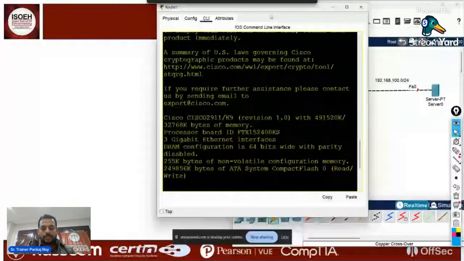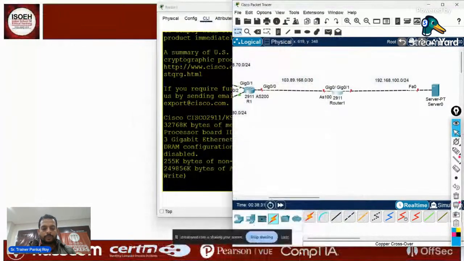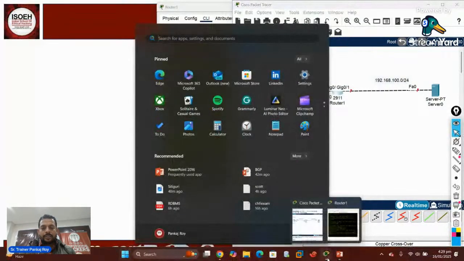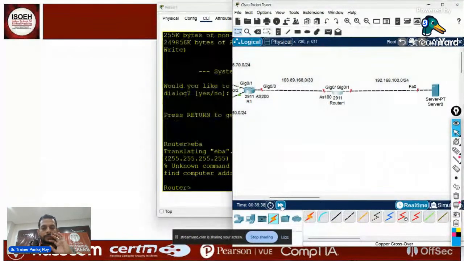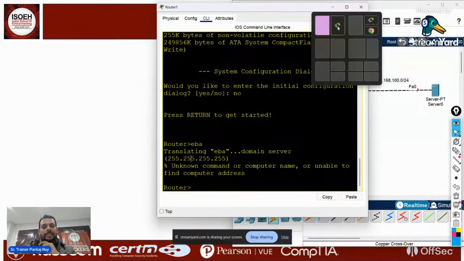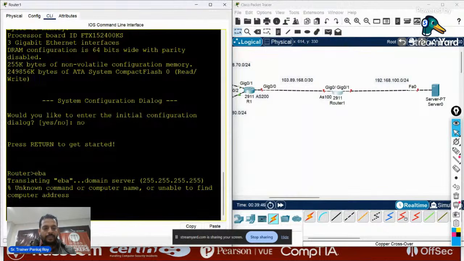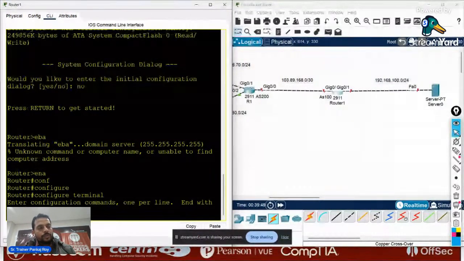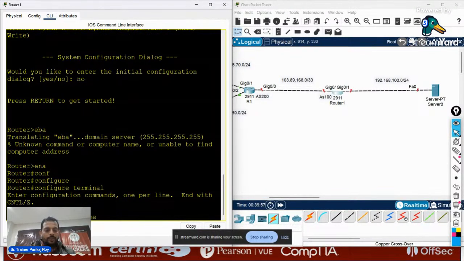Just go to Packet Tracer and click fast forward. It is very fast to repeat this session. Okay, now look at that. The messages have gone. Now type this again. You can also wait; maybe 2, 3, 4 minutes are required for the new prompt to appear.